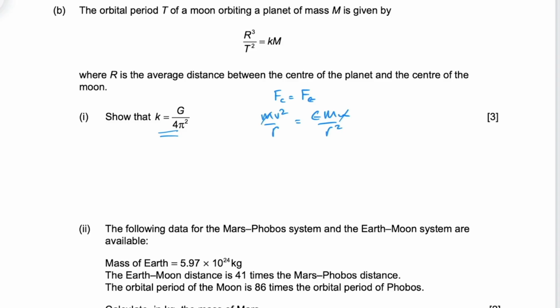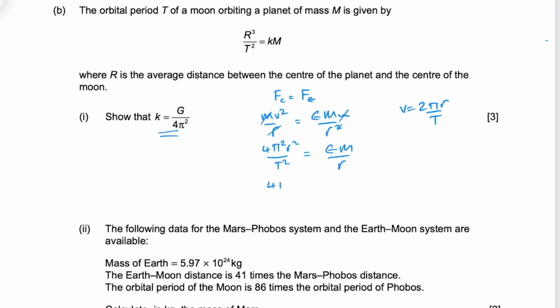Cancel out the top m's. V is equal to 2 pi r over T. So we've got 4 pi squared r squared over T squared is equal to GM over r. And I previously cancelled out those but didn't do that explicitly.